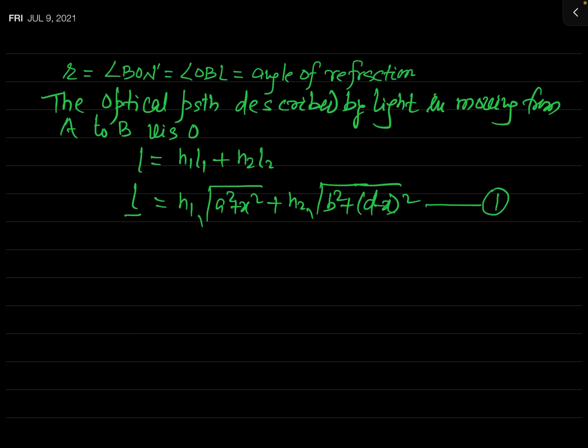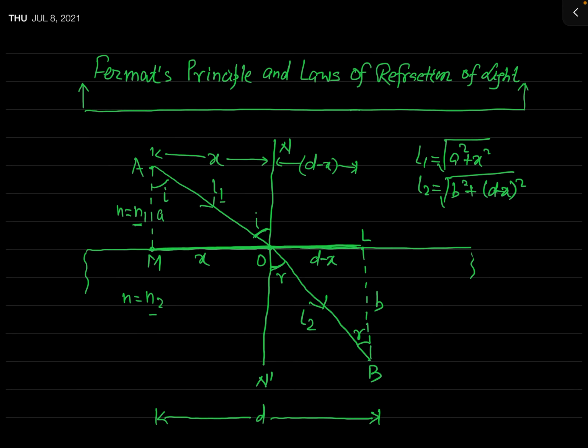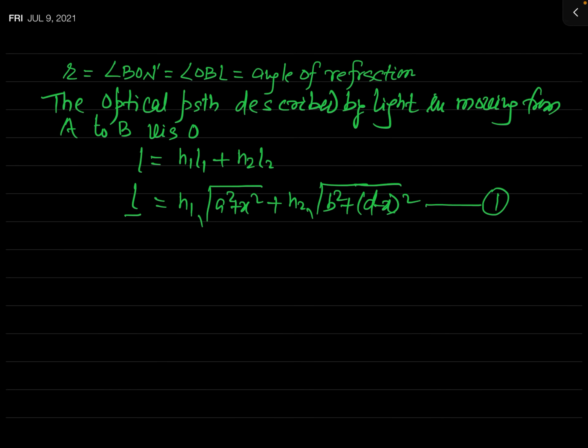Because the point O in this figure has been selected arbitrarily, so its distance x from M is arbitrary. So you can see that L is a function of x, and first of all we will see how L varies with respect to x.